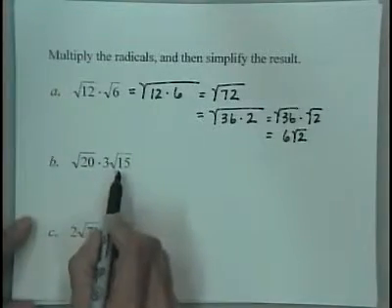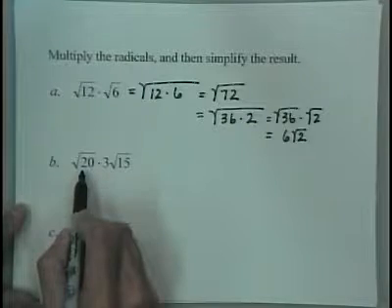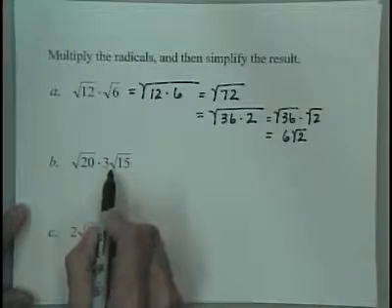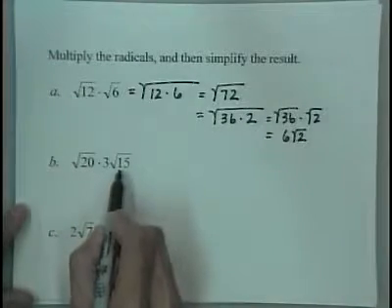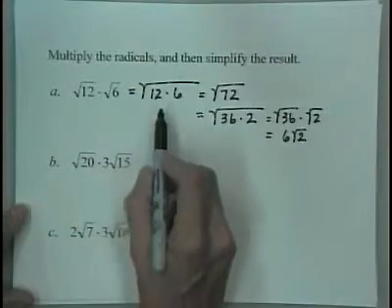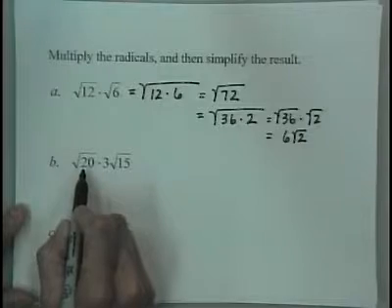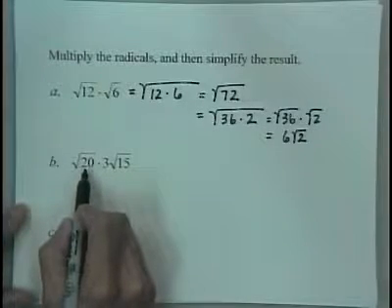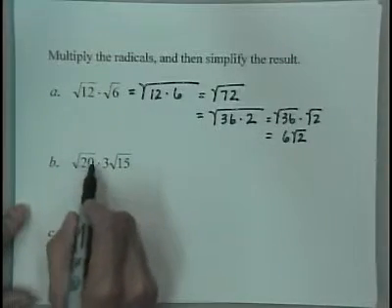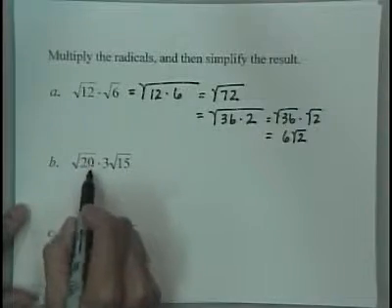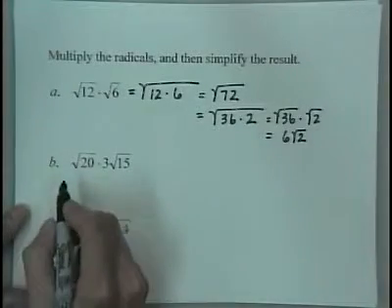Well, our next problem reads the square root of 20 times 3 square roots of 15. I could multiply as I did in the previous problem, except that I see the square root of 20 simplifies a little bit first. Let's do the simplification of the square root of 20 before we multiply it by 3 square roots of 15.